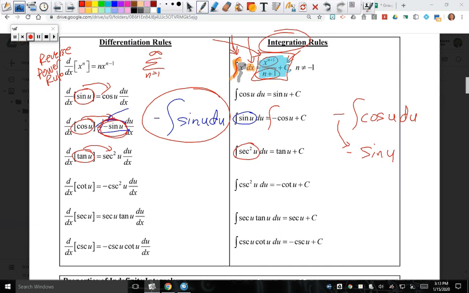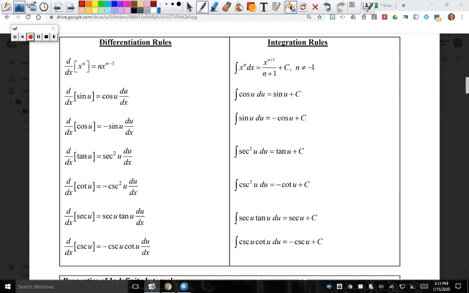Are we good? Do you see what's going on here? So when you integrate, this is the integrand, that's the word. This is the integrand. And this is the antiderivative, or the integral.